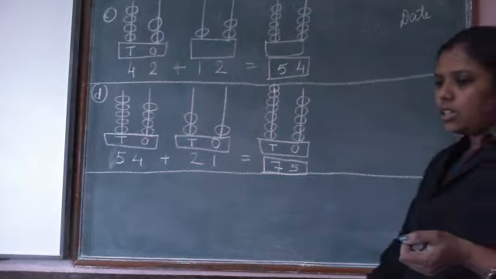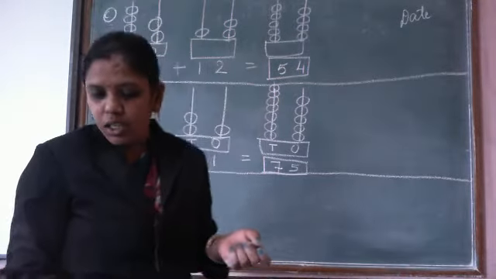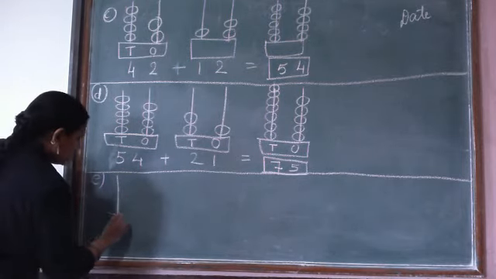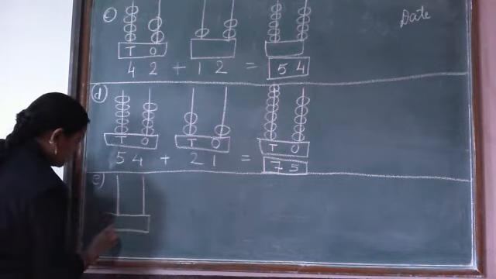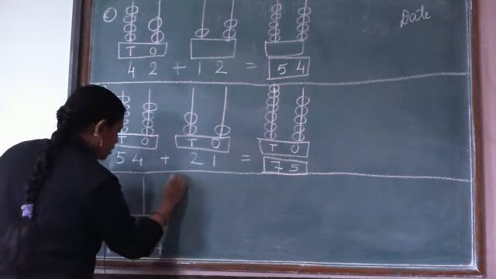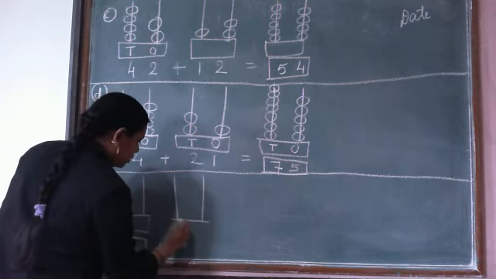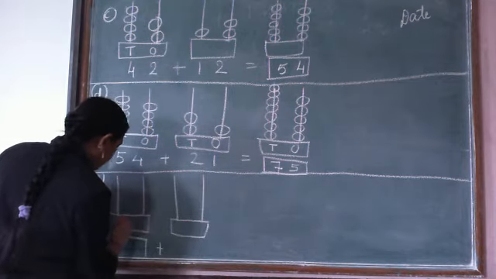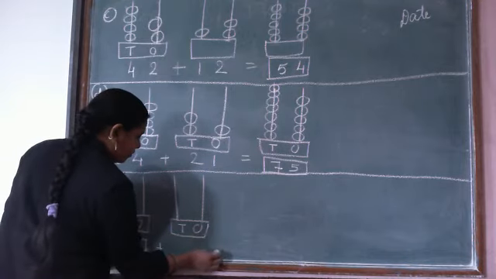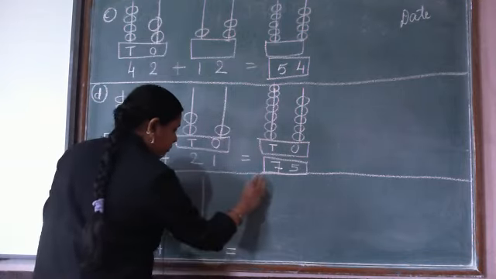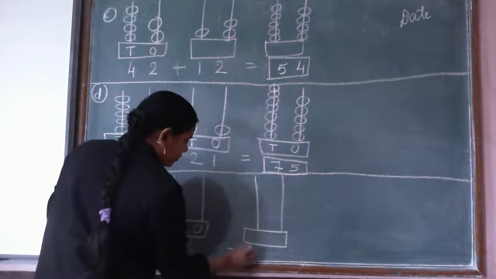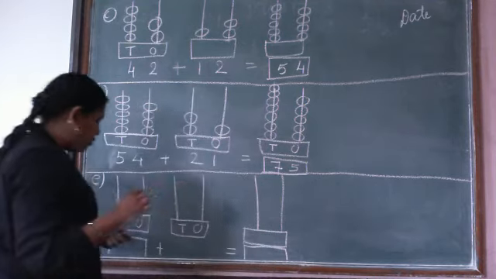Now the last question. E, not the last question. E. First draw the abacus. Plus, okay, so write the number.